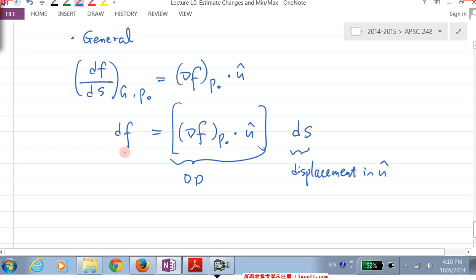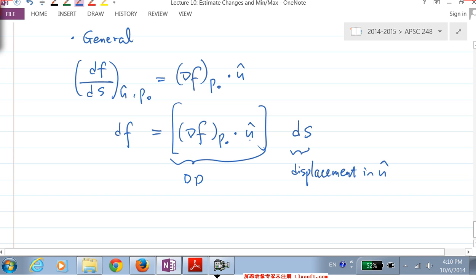So the change in f is this one times the displacement that you walked along the u hat direction. That's basically the answer to our general question here.